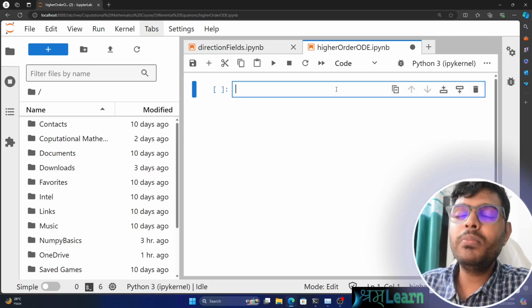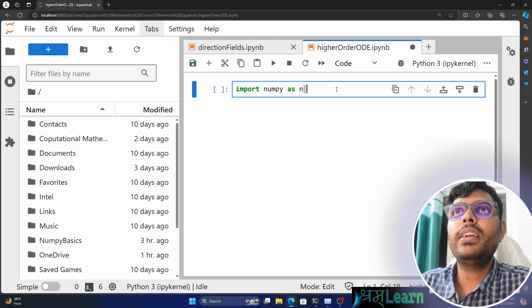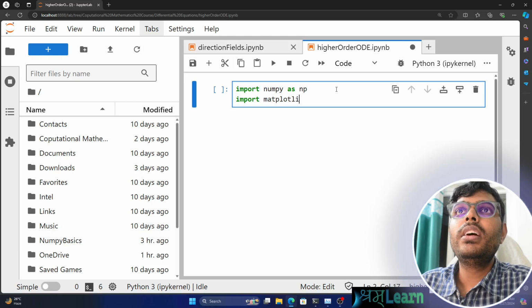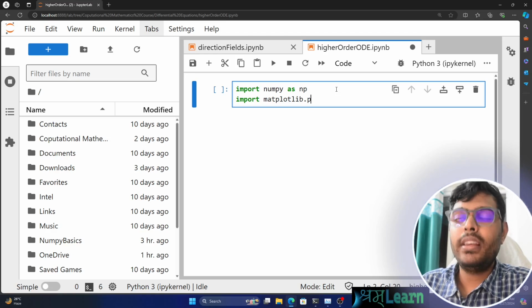The regular import statements: import numpy as np, and import matplotlib.pyplot as curve.